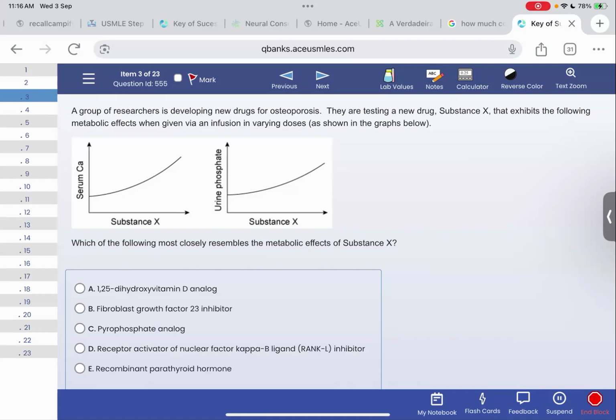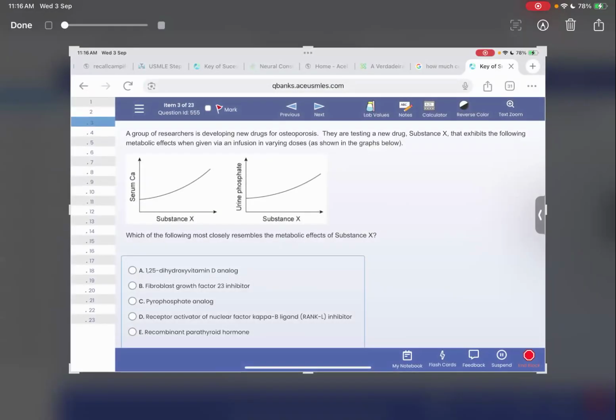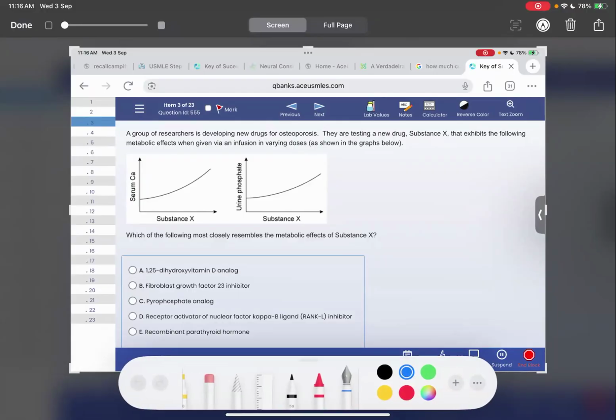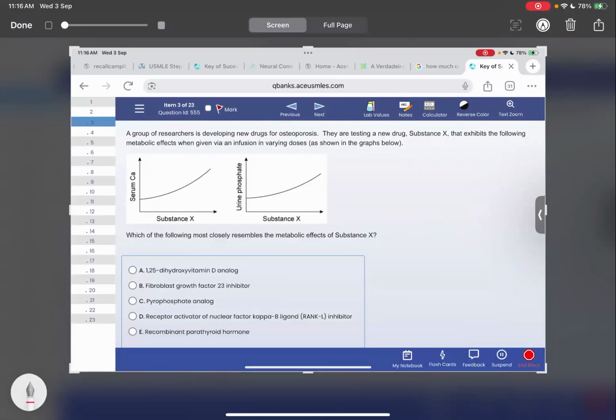So it's an easy MCQ. If you look into the graph, you will see that we have serum calcium over here. And what is the drug X doing? Increasing the serum calcium, okay?